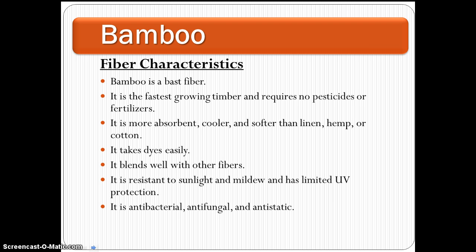It takes dyes very easily, and it blends wonderfully with other fibers. It is resistant to sunlight and mildew and has limited UV protection for the wearer. It is also antibacterial, antifungal, and anti-static. I think in time you will see more and more bamboo products on the market.